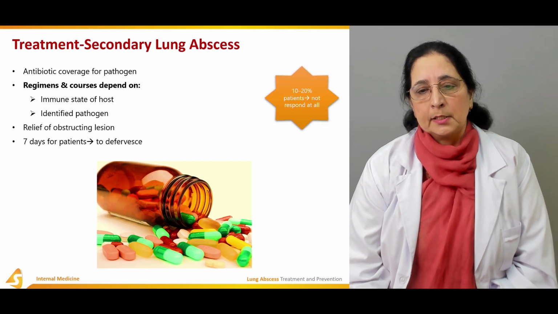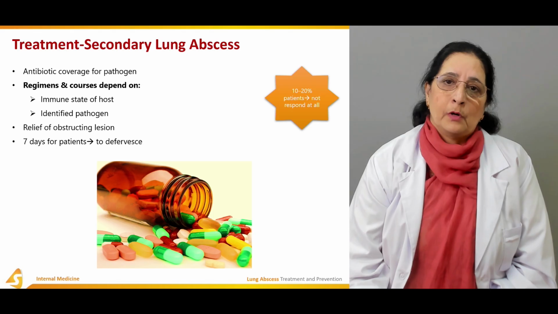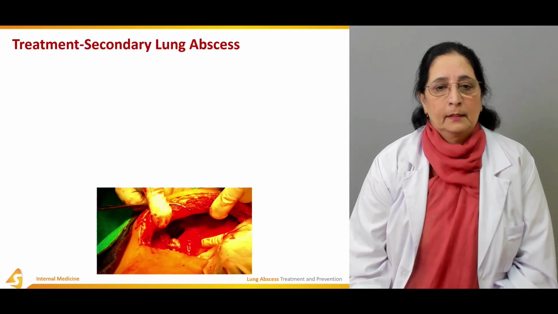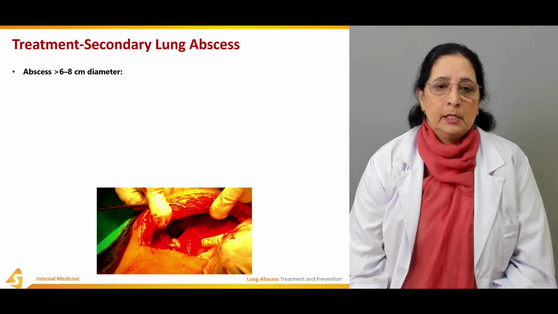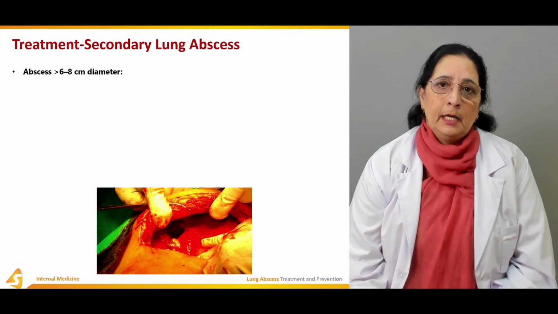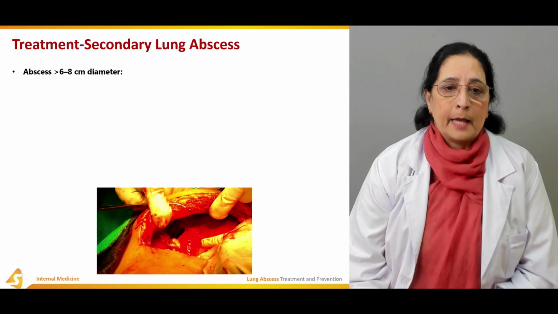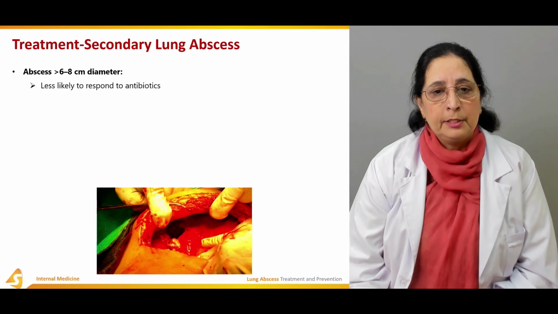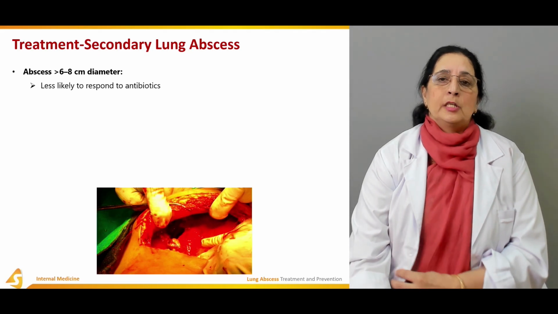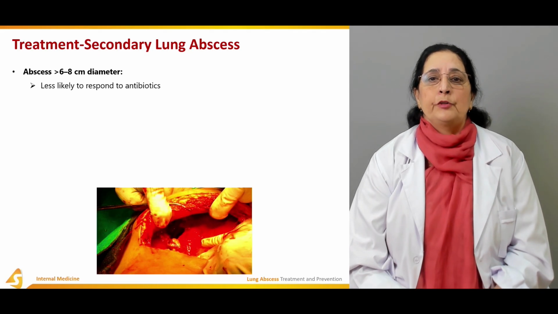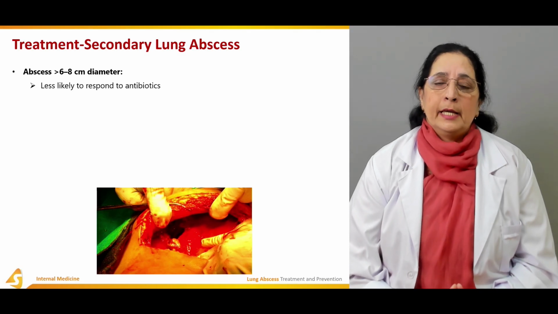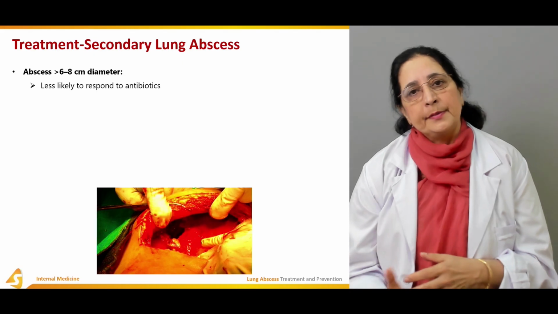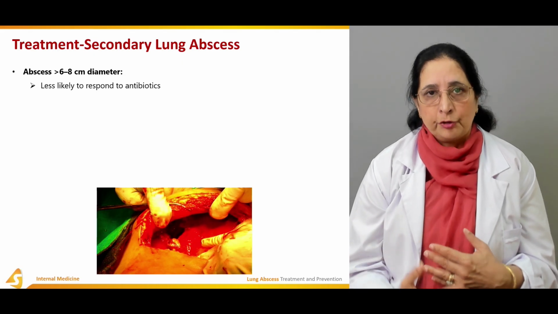10 to 20% of patients do not respond at all to the treatment. Again, if the abscess in case of secondary lung abscess is more than 6 to 8 centimeter diameter, it is less likely to respond to antibiotic treatment. In most cases of big abscesses, drainage of the abscess is required for the treatment.